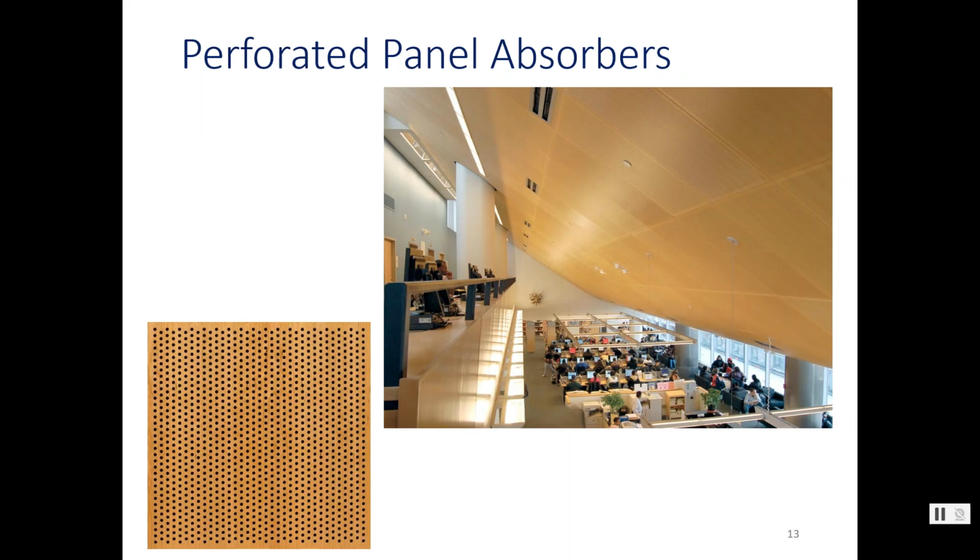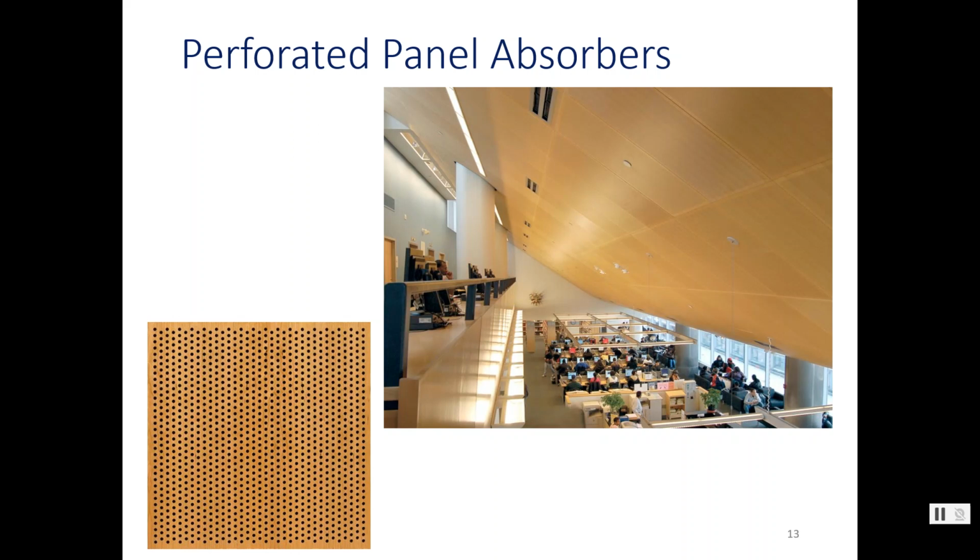Now moving on to another type. This is the perforated panel absorber. So there are kind of two different panels you might come across like this. So this first thing we're going to cover, and the thing that the book gives equations for, is more where you have often a wood, just a piece of wood, and it has a bunch of holes drilled into it like this.